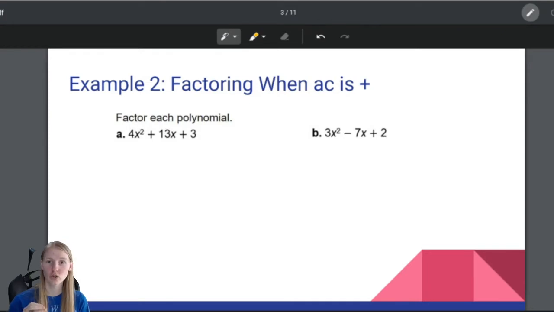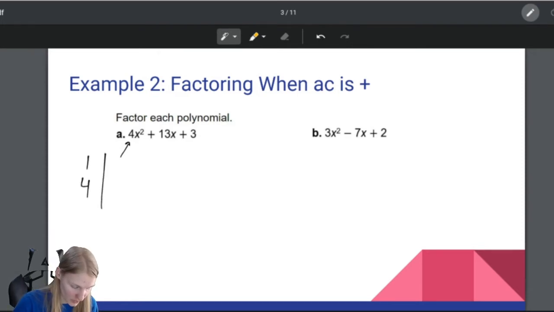So what you need to do is, you need to take first the factors of 4. Let's see, there's 1 times 4, and there's 2 times 2. First, I'm going to look at 1 times 4, and then I'm going to draw a line. So over here I have my factors of 4.